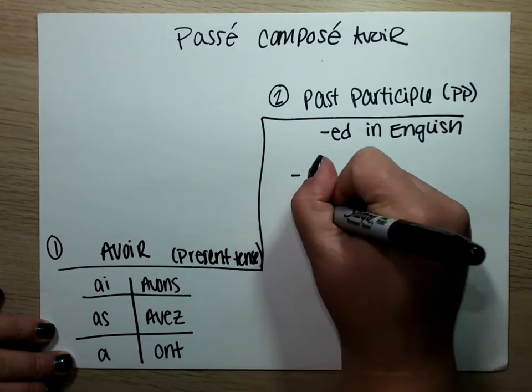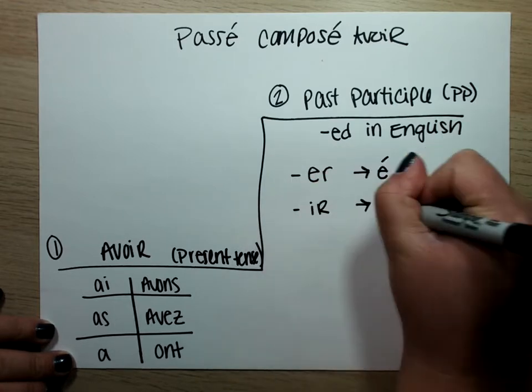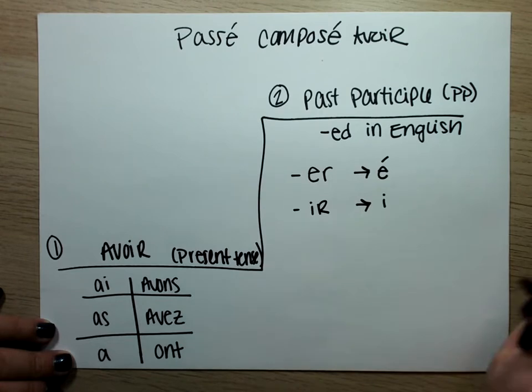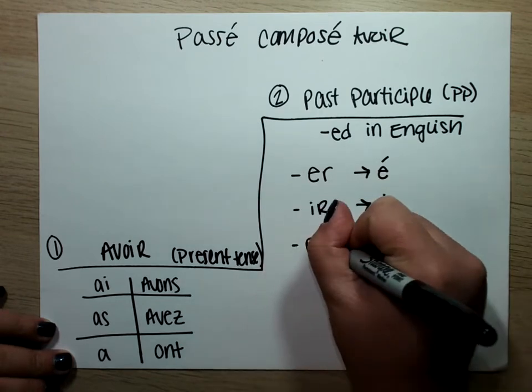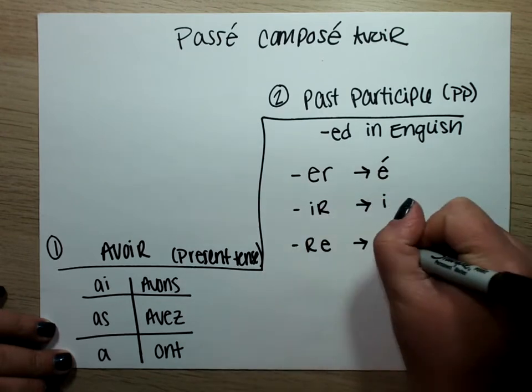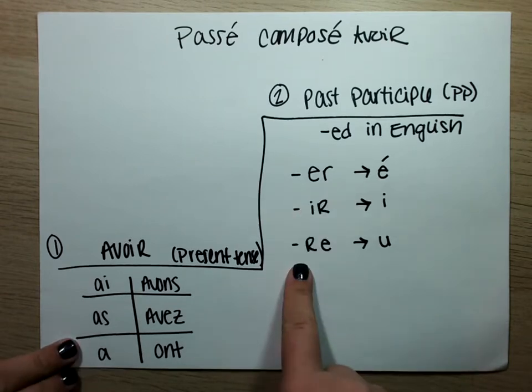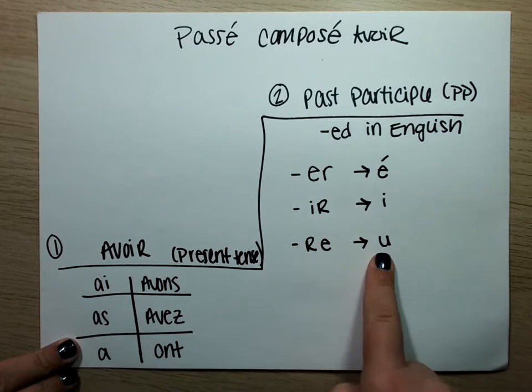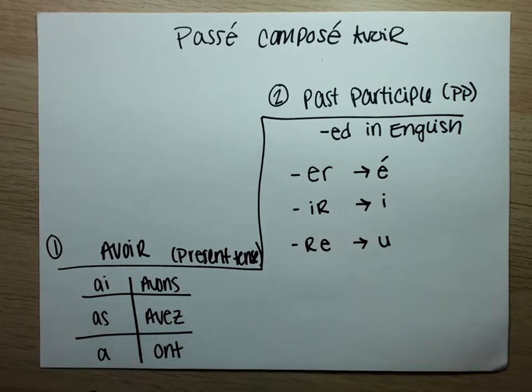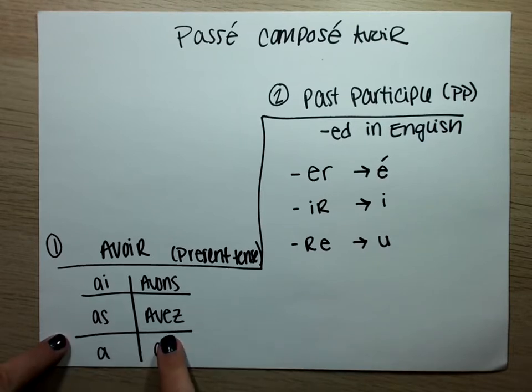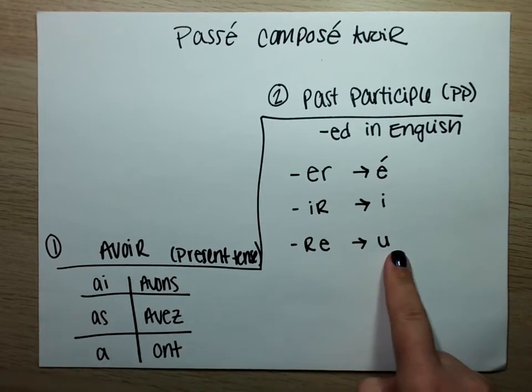If your verb ends in IR, it's going to change to I. And if your verb ends in RE, it's going to change to U. So, big generalization of verbs in French with the passé composé. It's going to end in one of these three in the past participle.